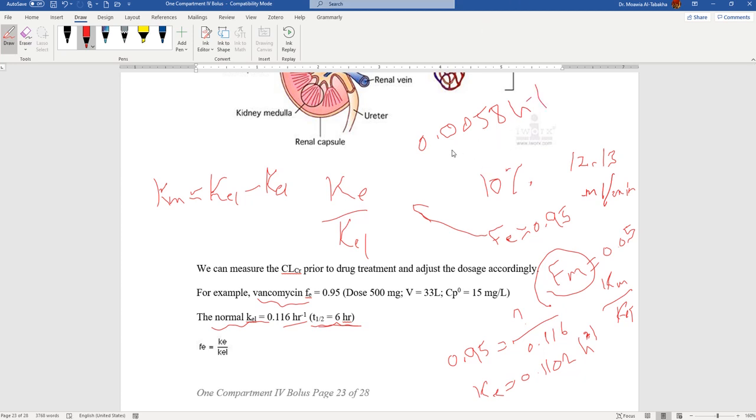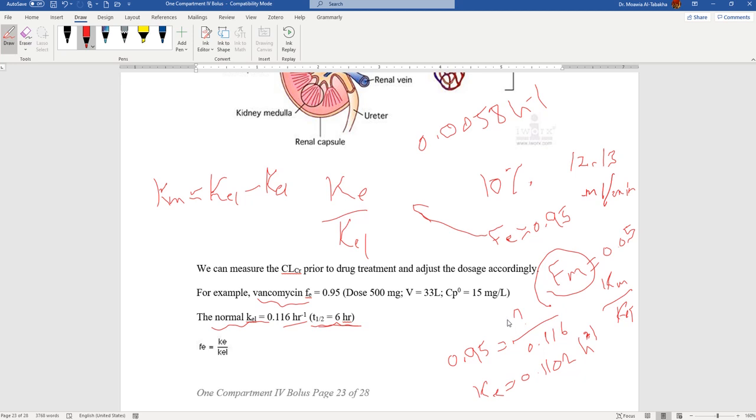That is expected, that the window of metabolism is very small, because look, it is 5%, very small compared to KE, which is the excretion rate constant. Okay? So far so good.